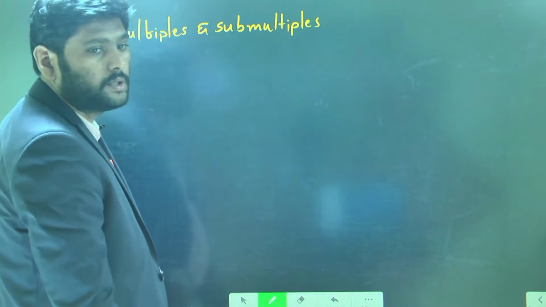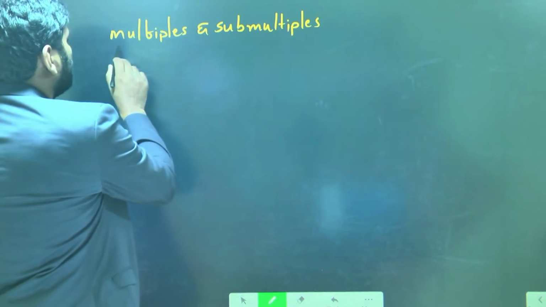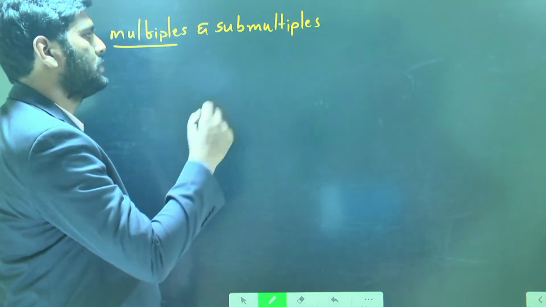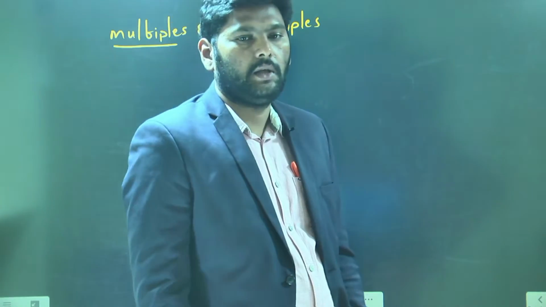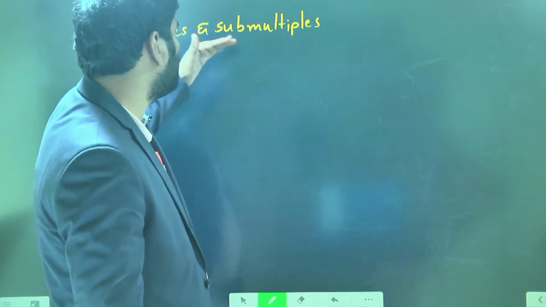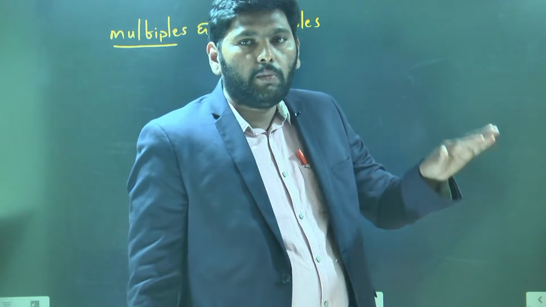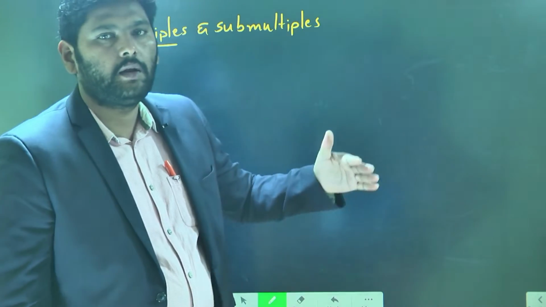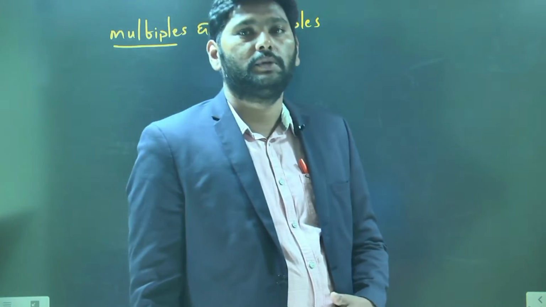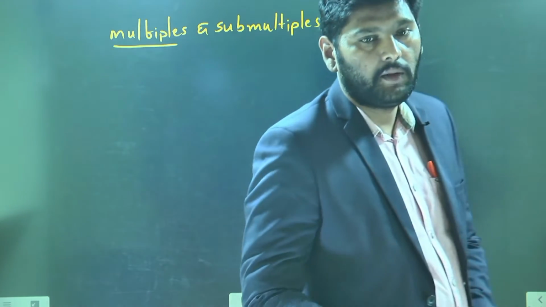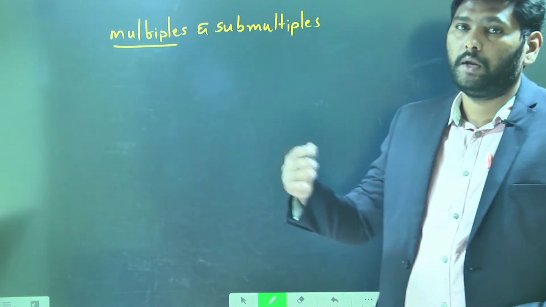So first of all, let's talk about what multiples are. Multiples are numbers above 10, that is, multiples of 10, and below 10 we call submultiples. Understand?